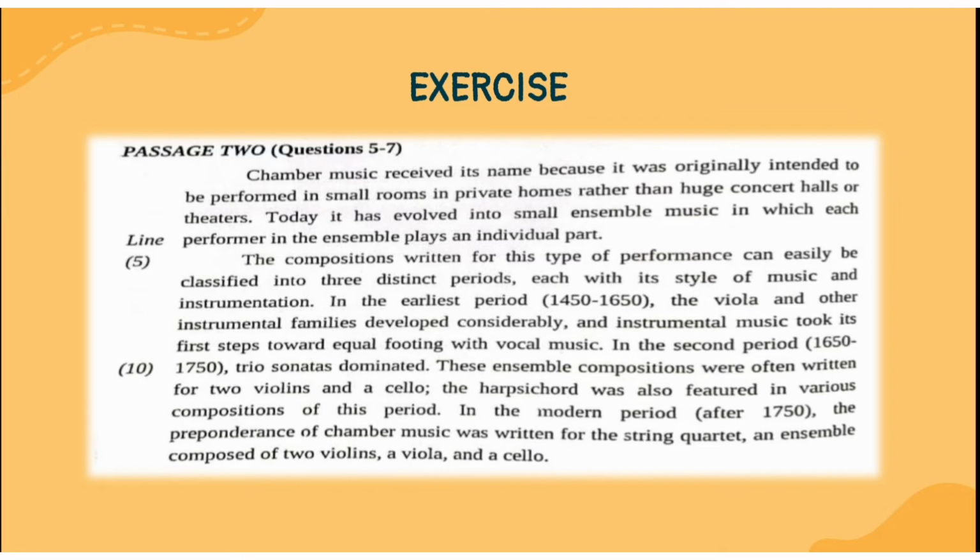1450 until 1650, the viola and other instrumental families developed considerably, and instrumental music took its first step toward equal footing with vocal music. In the second period, 1650 until 1750, trio sonatas dominated.